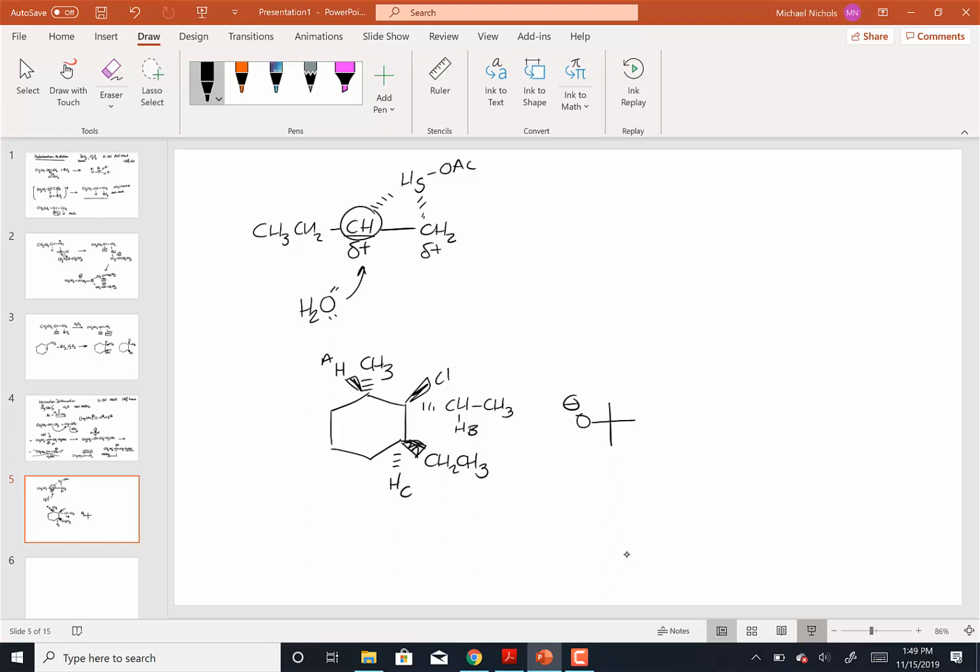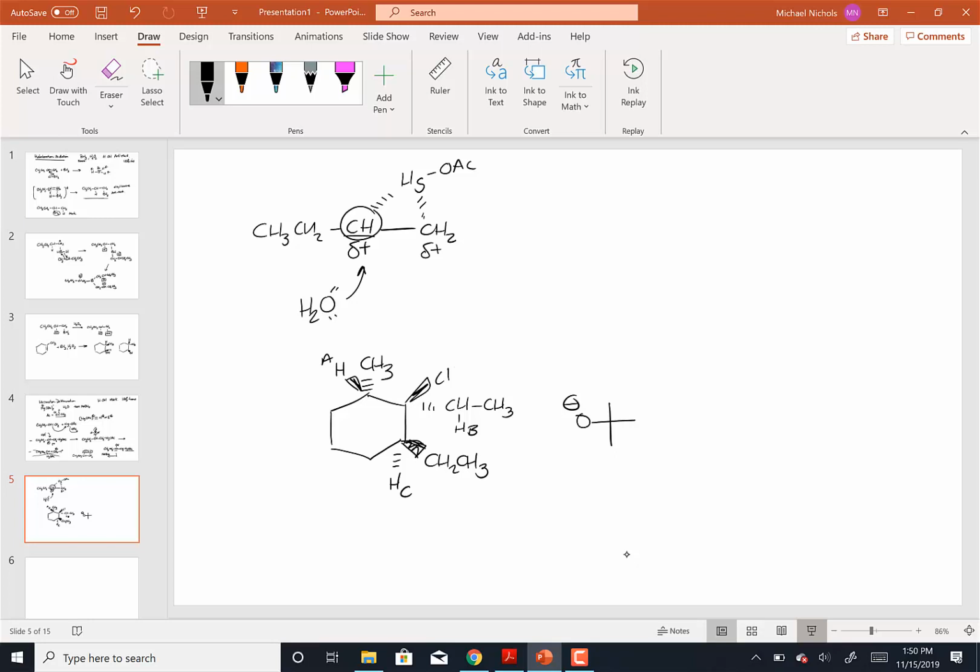So number one, we need to find all the beta hydrogens, which I've just done, HA, HB, HC. Then the question is, because it's tertiary butoxide, it has to be E2. So the stereochemical restriction on those beta hydrogens is they must be trans in the ring or become anti-periplanar outside of the ring.